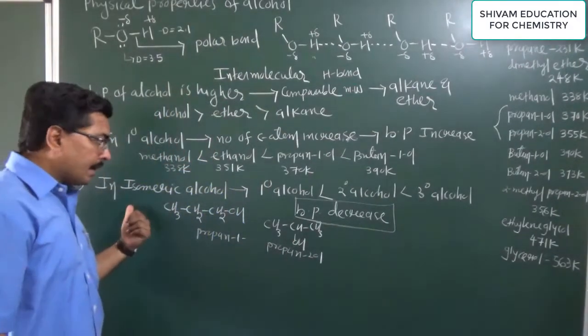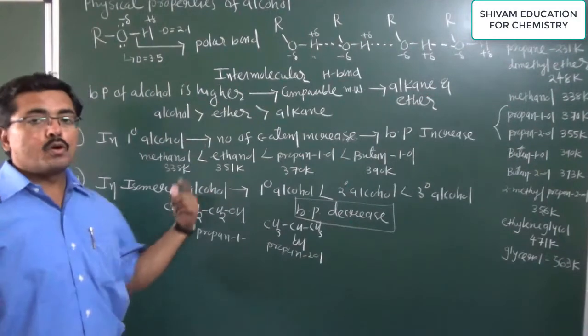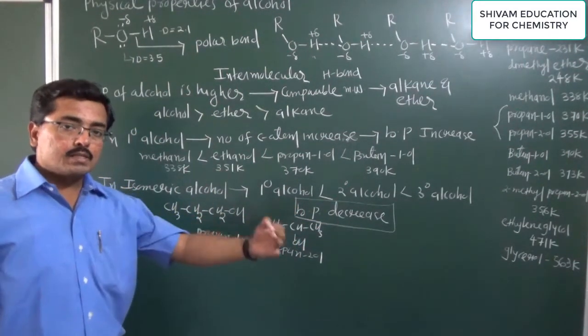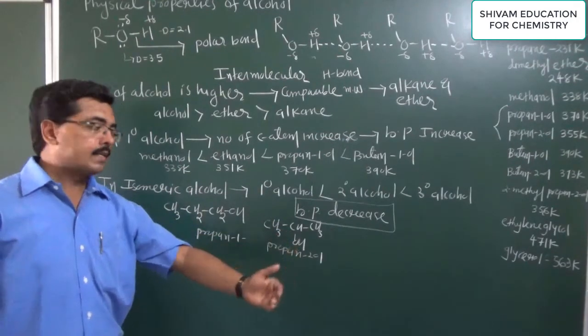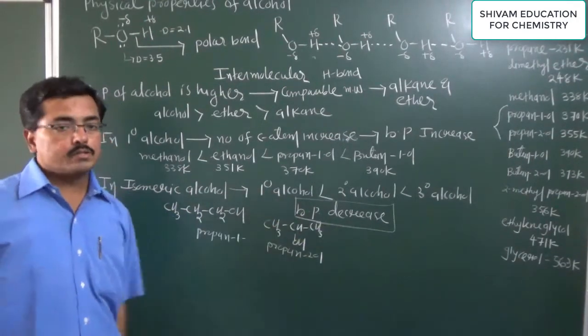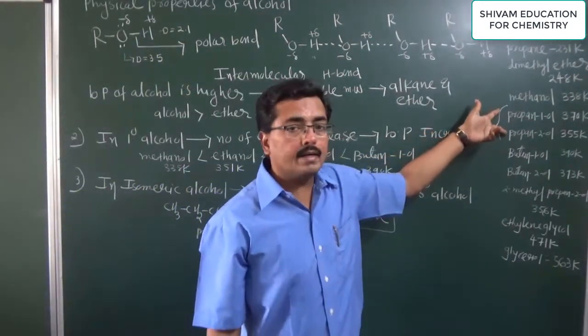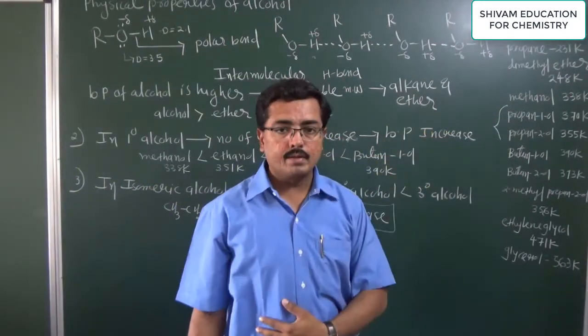So in isomeric alcohols, as we go from primary alcohol to tertiary alcohol, due to the increase in intermolecular distance, the force of attraction decreases, and therefore the boiling point will also decrease. 1-propanol and 2-propanol have boiling points of 370 and 355 Kelvin.